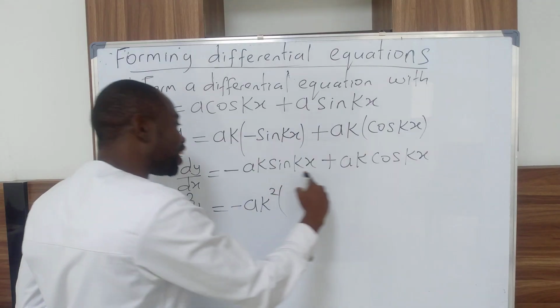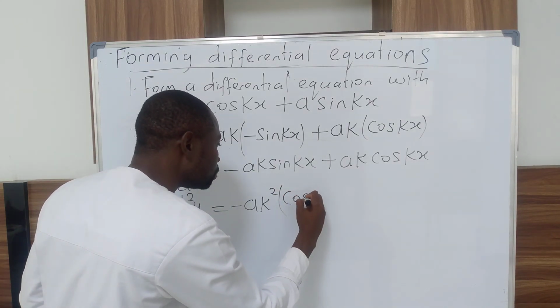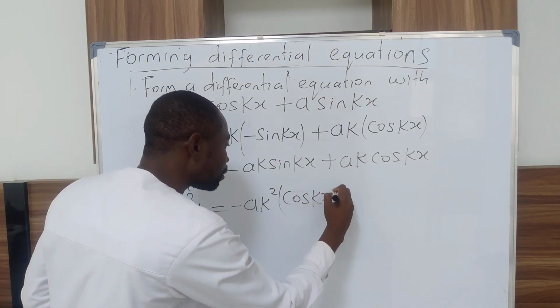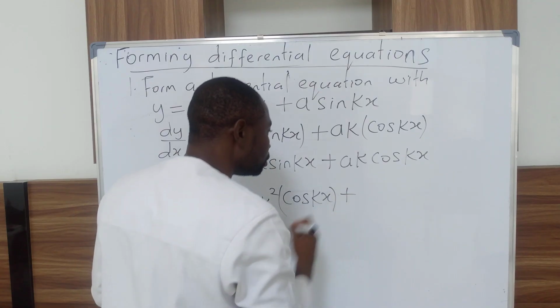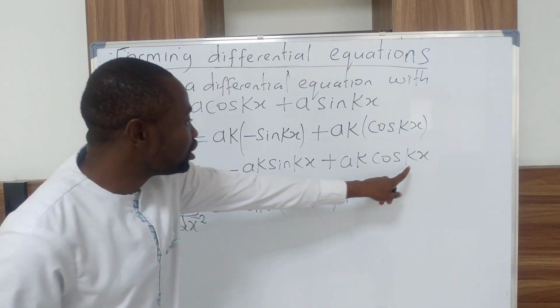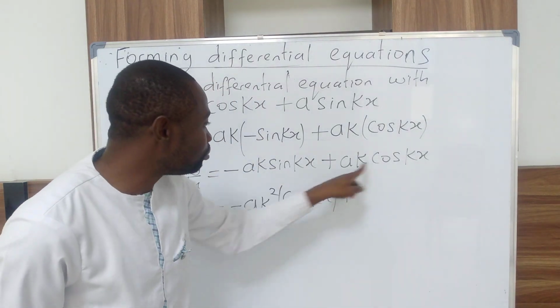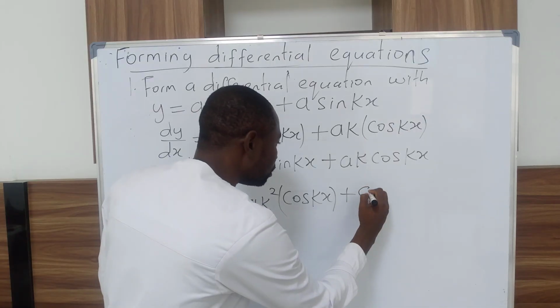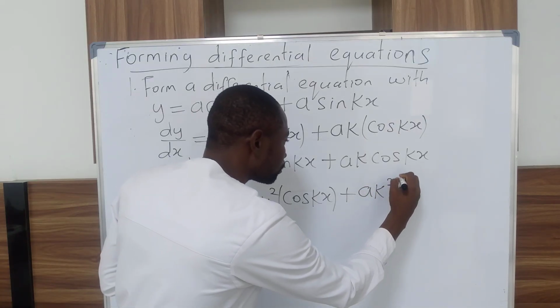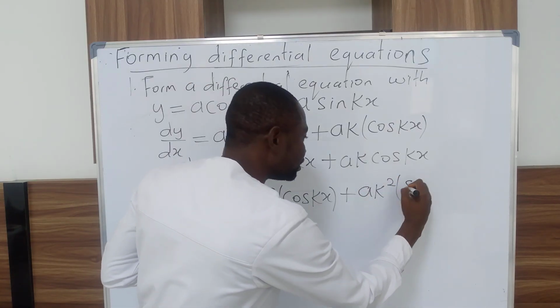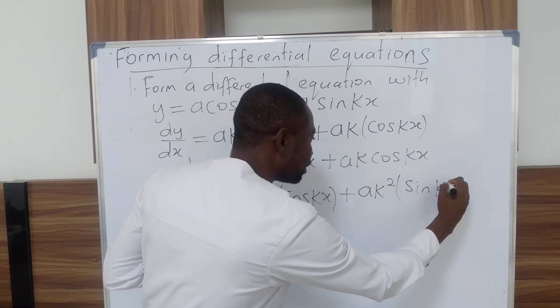Then you now differentiate sine, that will give me cos kx, and plus the same thing here. I will differentiate kx, that is k. K times ak, that is plus ak squared. If I differentiate cos, I will get sine kx.